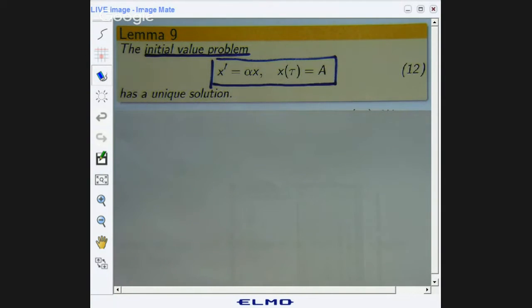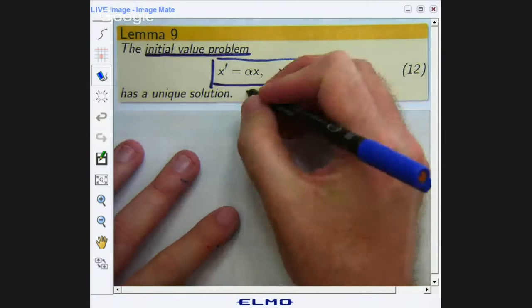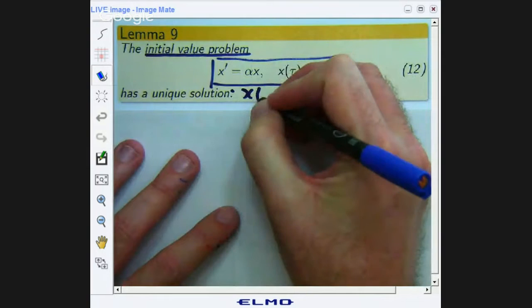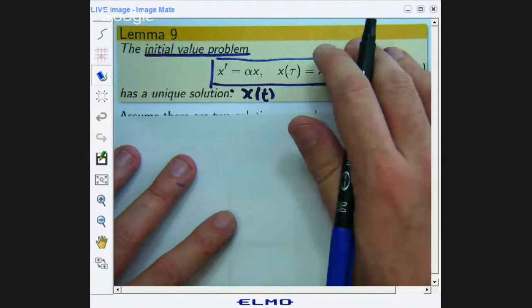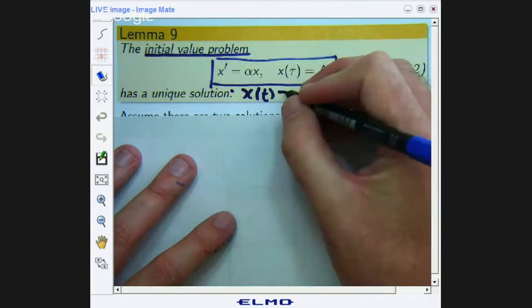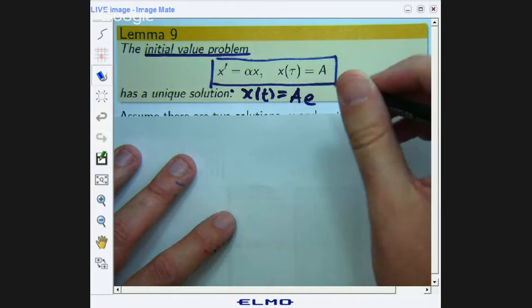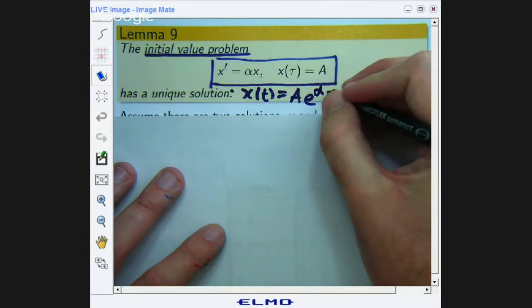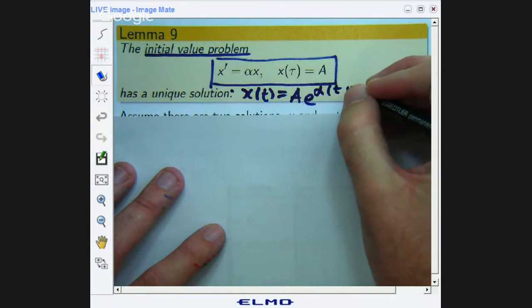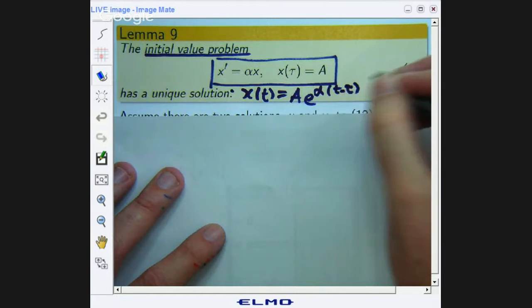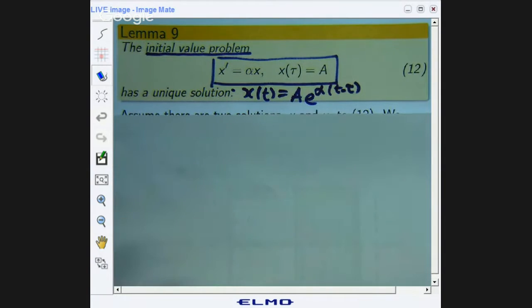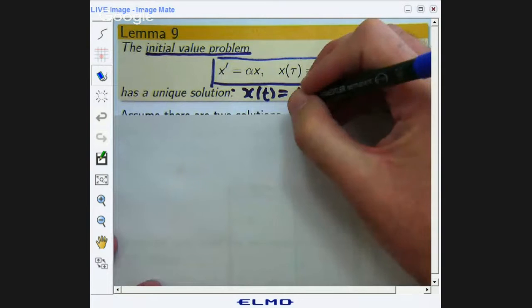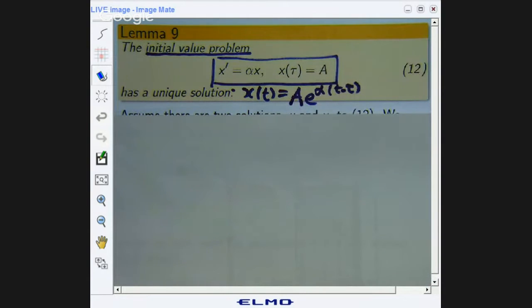Now, we're always told that this problem has one and only one solution, and in fact, the solution is an exponential function. Oops, t minus tau. So if you go through and work it out, this is what a solution is.